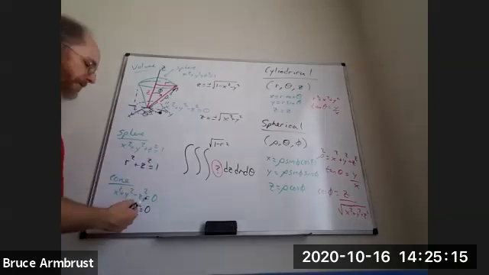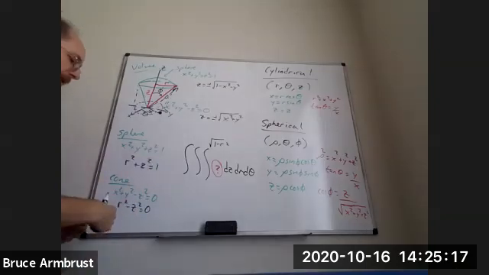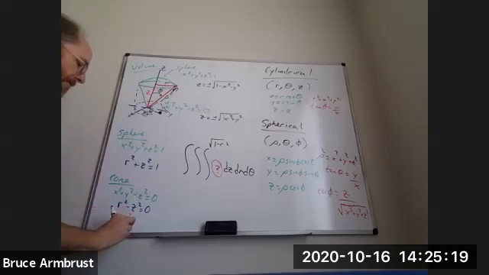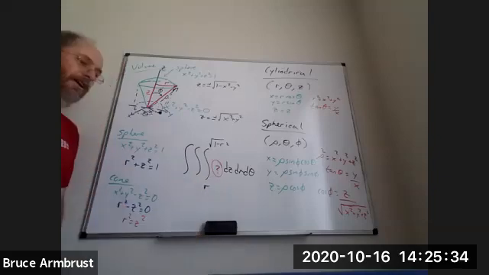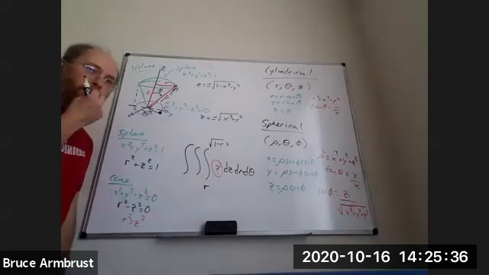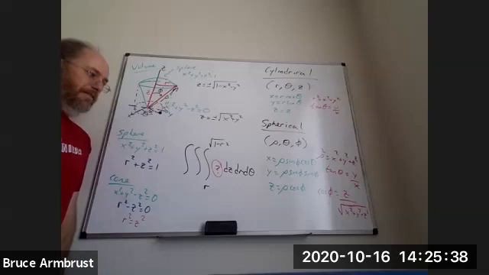We solve this for z. We get r squared equals z squared. So what does z equal? Plus or minus r. Okay, so plus or minus r, which one are we going to use? Plus, because we're above. So this is just z equals r. Oh, beautiful. Okay, so those are those bounds.